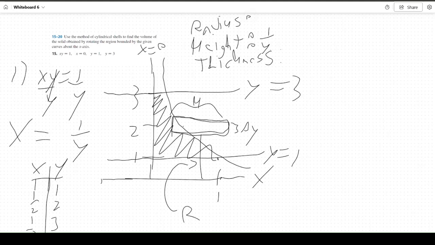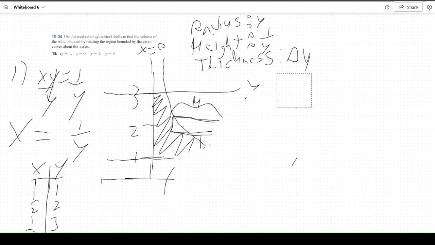Our radius would be just y because it's going in the direction of y. Since it's going down, the y-axis is vertical, and this is vertical as well. So this is in terms of y. The thickness is going to be delta y. And now we have all we need to do our equation.